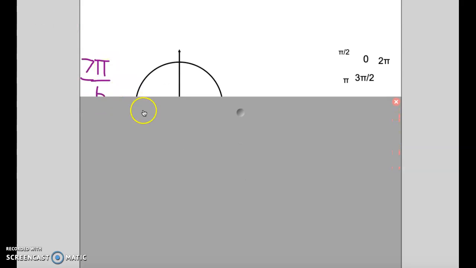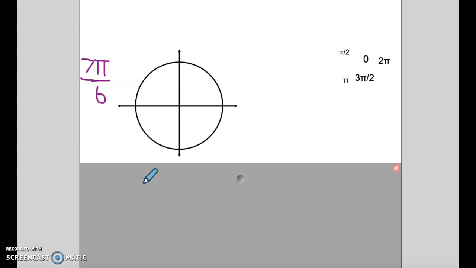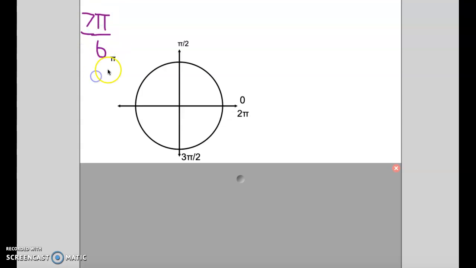So let's take a look here at 7 pi over 6. I can draw in what I know: 0, halfway around is pi, all the way around is 2 pi, a quarter of the way is pi over 2, 3/4 of the way is 3 pi over 2. It's tricky to draw 7 pi over 6 because I have no idea with the denominator of 6.